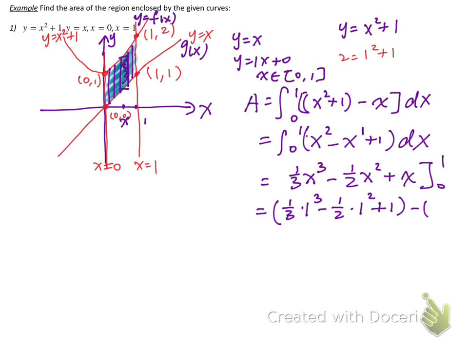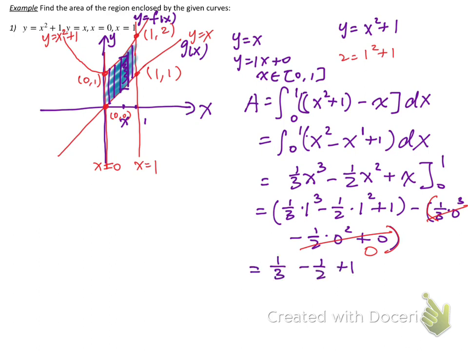Let me still write it out: 1/3 times 0 to the third power minus 1/2 times 0 squared plus 0. But again, this whole thing is just a 0.